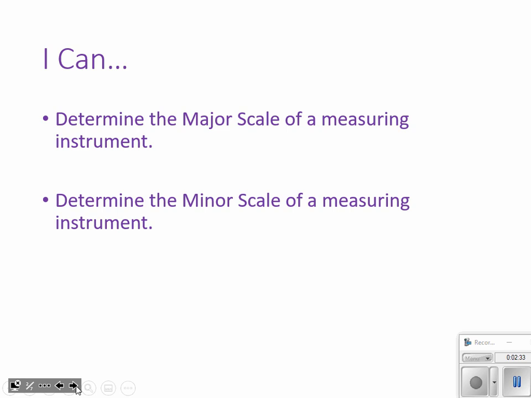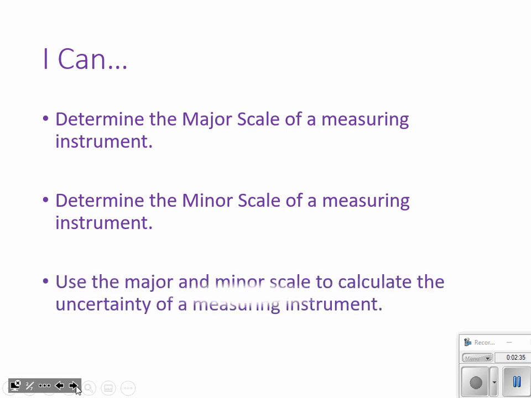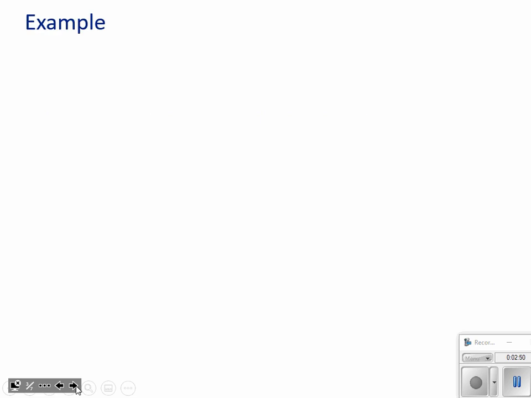And I can use the major and the minor scale to calculate the uncertainty of a measuring instrument. So, let's jump in. We are going to work examples of these.